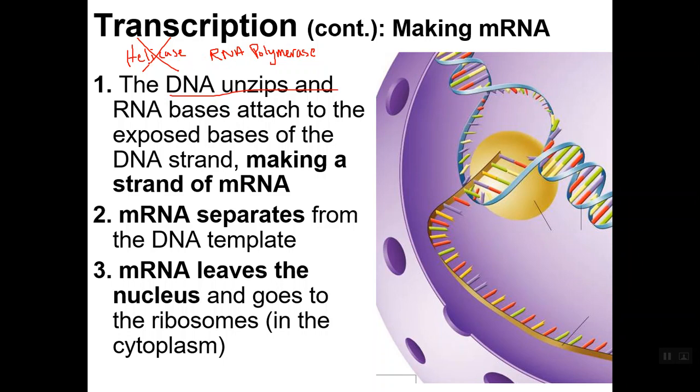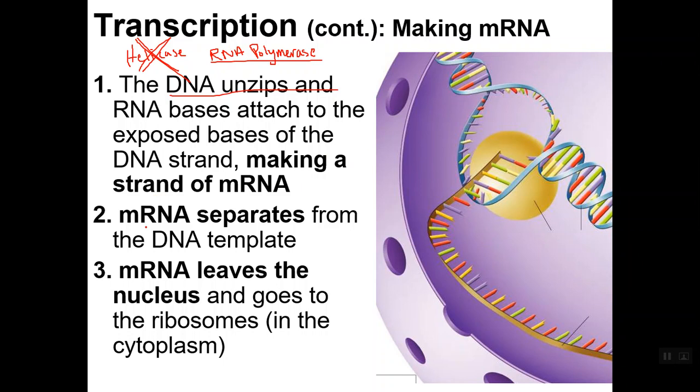It does both jobs. So we no longer need helicase to unzip DNA if we're making a messenger RNA strand, right? RNA polymerase also assembles the nucleotides in the messenger RNA strand. So it's really the only enzyme you need to know for this process.